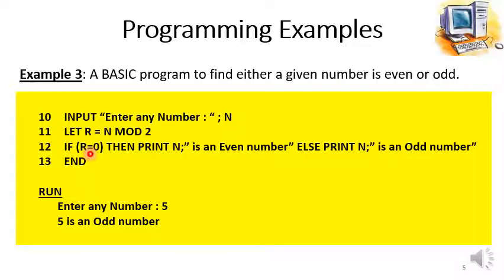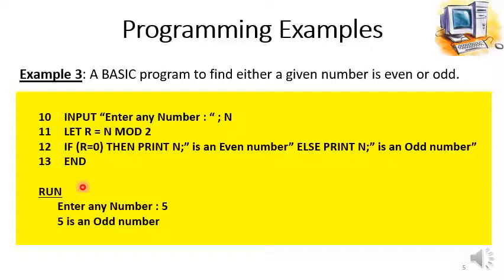If the remainder is 0, then it will just print this message, n is an even number. If this condition is false, means the value of r is not equal to 0, so it will just execute the print statement after the else keyword, which is print n is an odd number, and then the program ends.